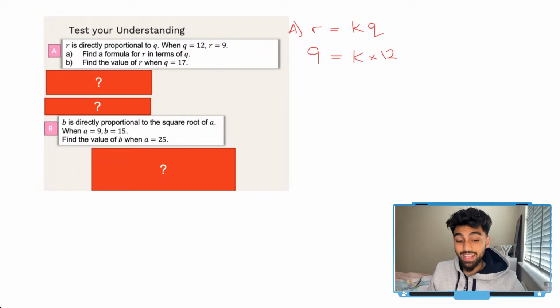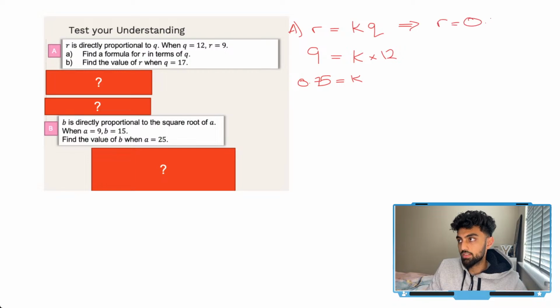And so our value for K this time is going to be less than 1 because we're doing 9 divided by 12. 9 divided by 12 is simply 0.75 or 3/4. You can write it as a fraction or you can write it as a decimal. I'm going to write it as a decimal, so 0.75 is equal to K. Therefore, an equation relating R and Q is R equals 0.75 times Q.